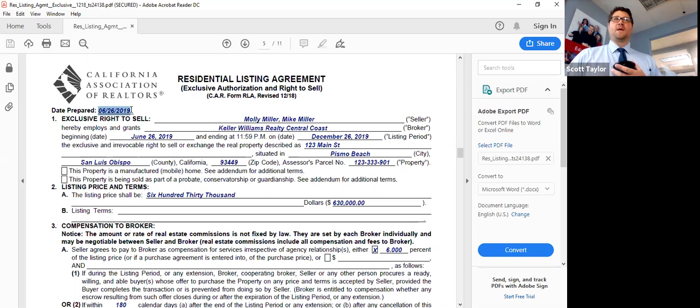Does that make sense? It doesn't come up as often as it does with the RPA. The RLA, there's not a lot of opportunities usually to change that or reason to change that.